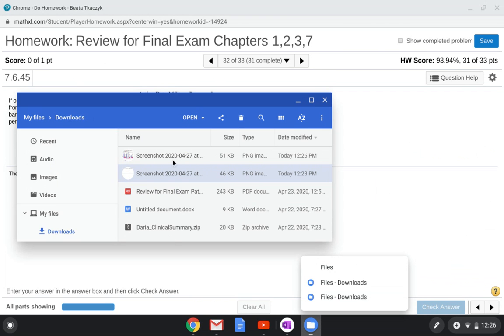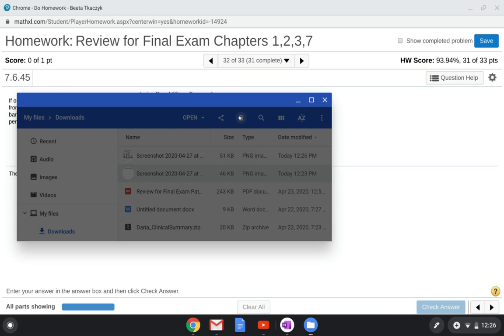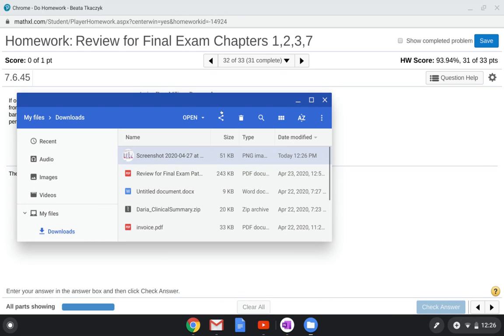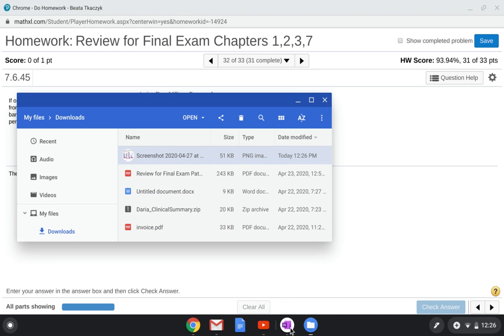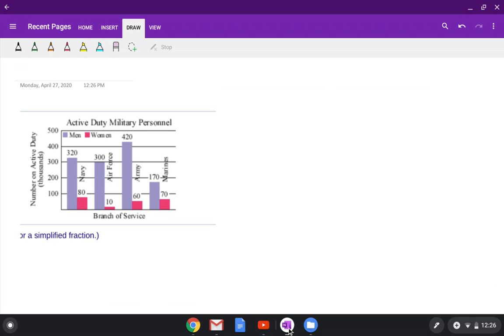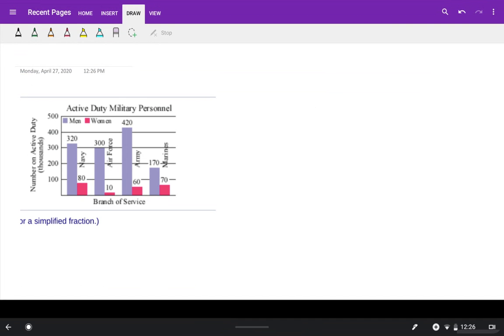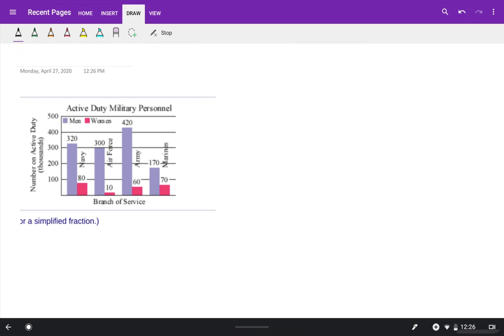Okay, open this one in OneNote. Probability that you select somebody who's not in the army.